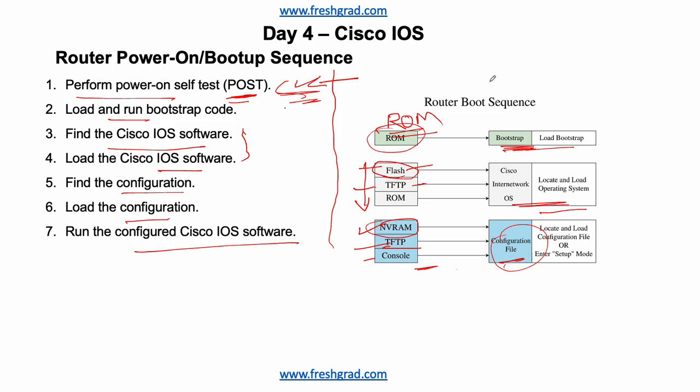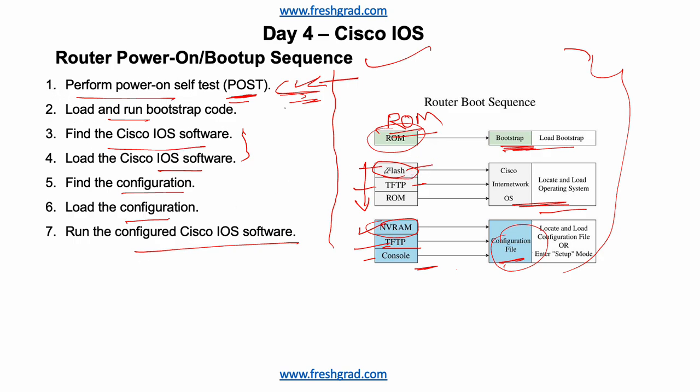So what is the router power on boot sequence? Freshers can be asked this question by an interviewer: what is the router boot up sequence process? This is what you need to explain and summarize: the router initializes properly, loads the necessary operating system, and applies the appropriate configuration. Make sure you explain these steps.